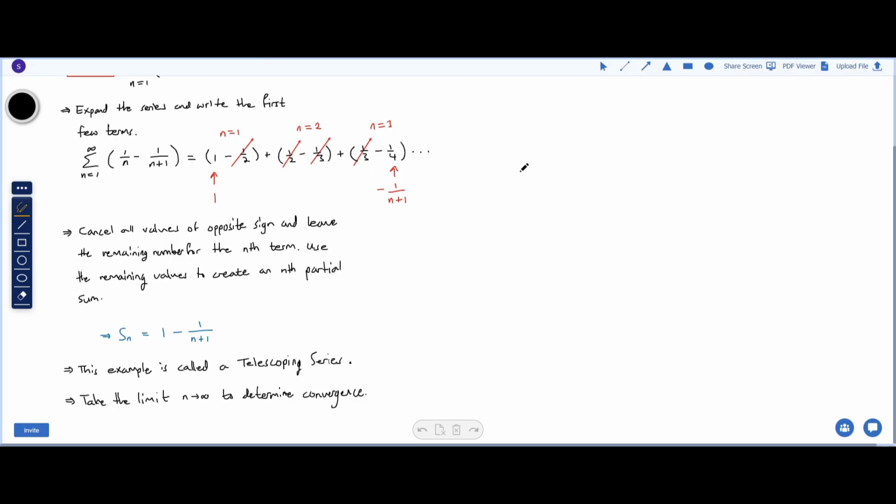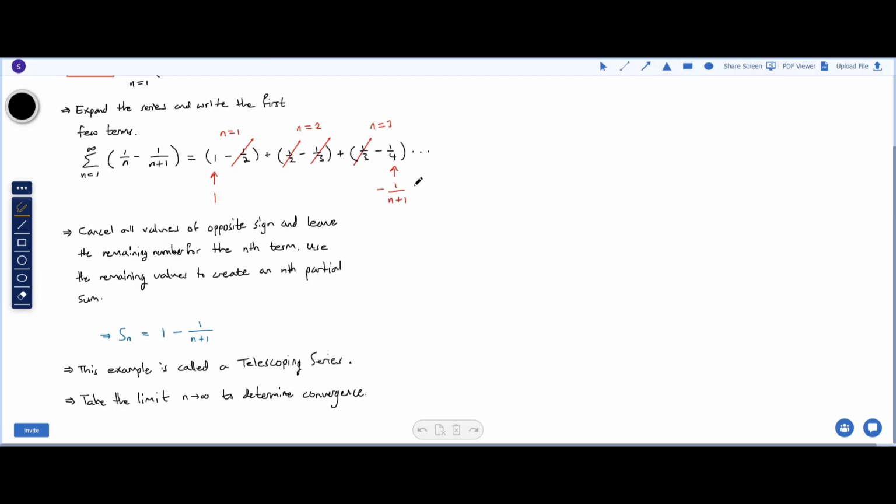So you might have like square terms, like even powers that cancel out, and then the odd powers stay, right? So it's again just pattern recognition for you to look at the series, look at the first 4 or 5 terms, maybe 6 or 7, and then you'll see what cancels and what stays. And then the remaining terms, you use that to create the nth partial sum.